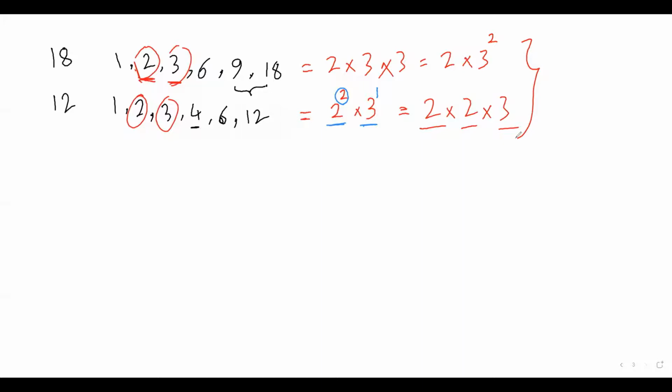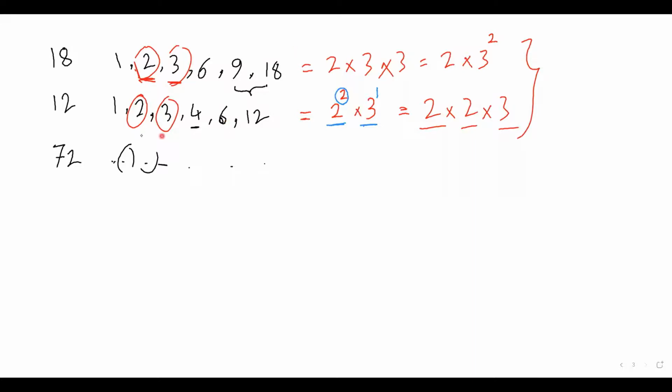And now you might ask yourself, how am I supposed to do this? Well, for 12 and 18, it was relatively easy. However, if the number gets big, for example 72, how am I going to do this for 72? Do I need to list the factors first and then take out the prime ones, just like what I did here?